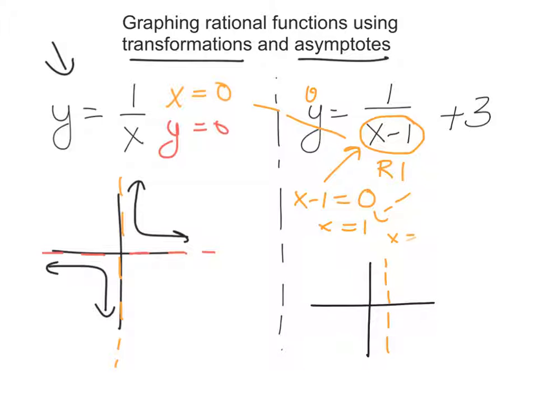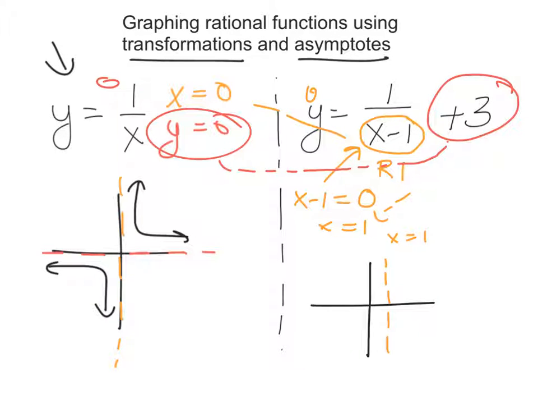Now with our horizontal asymptote, we can also use the idea of transformations. Normally, on our parent function over here, our horizontal asymptote was at y equals 0. But we know that when we add a number at the end, in other words, not making a change to x, we're making a change to y, that's going to move our graph up 3 units.